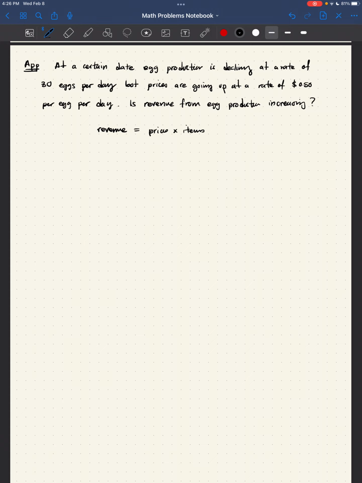To determine whether the revenue is increasing or decreasing, that corresponds to finding a derivative. So we want to know what the prime of this is. Based on the product rule, this has to be the price times the derivative of the items plus the derivative of the price times the items.